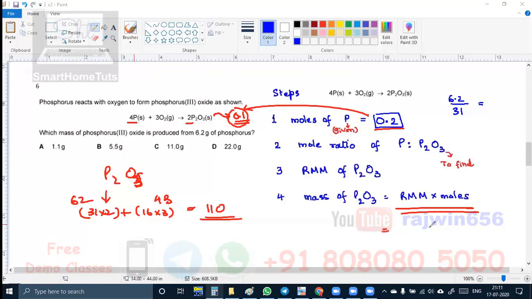So I'm just going to multiply this. It is going to be 110 multiplied by 0.1, which is going to be 11 grams. This is your option. So the answer is 11, right? Yeah, 11 it is.